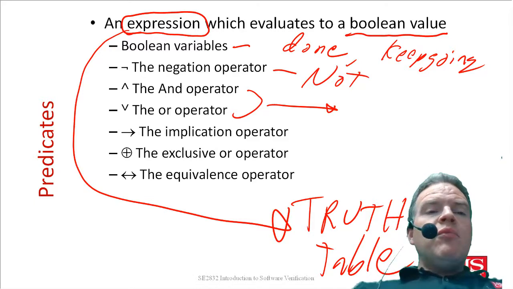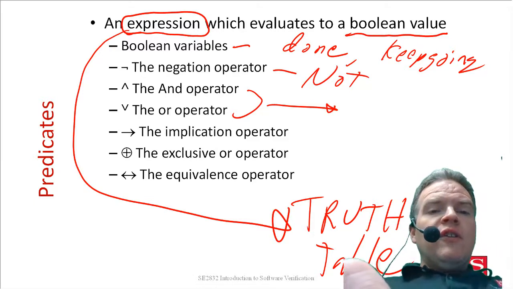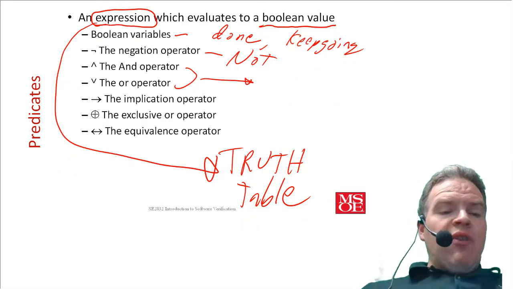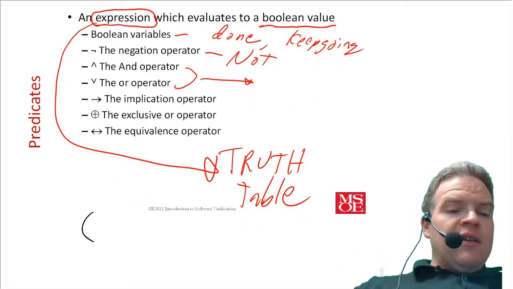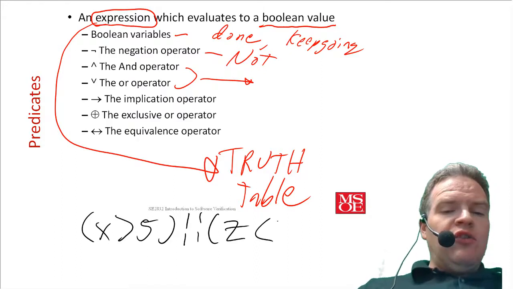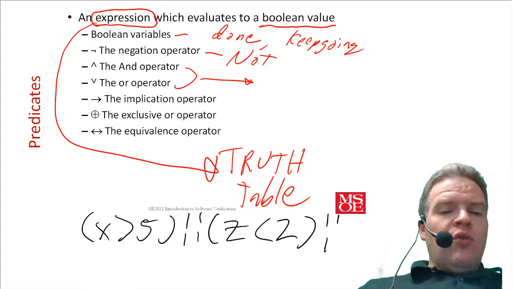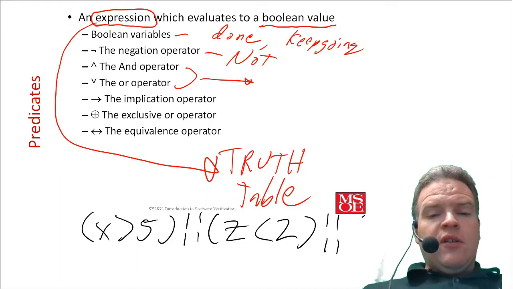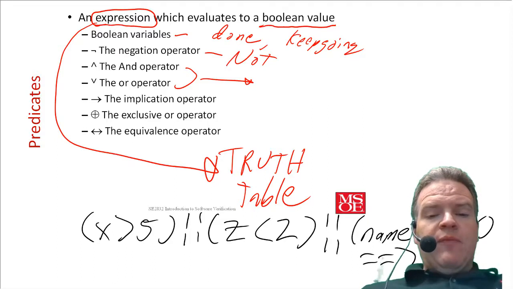Predicates can be simple or they can be more extensive. So for example, I could have a predicate x is greater than 5 or z is less than 2 or name dot length equals 7, for example.